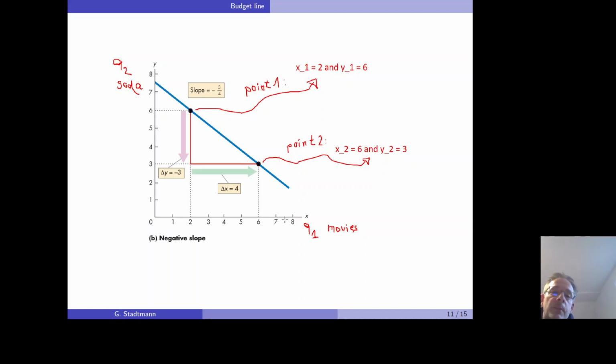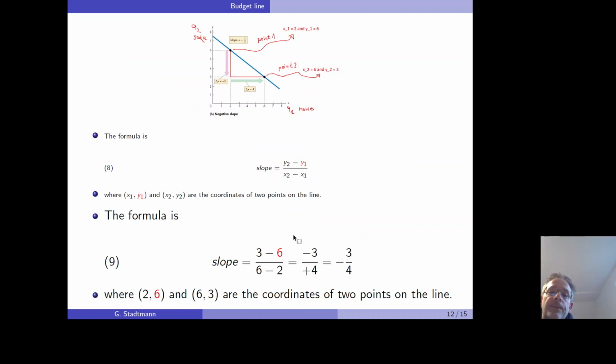Let's plug these numbers into this magic formula. The first point is x equal to 2, y equal to 6. And the second point is x equal to 6 and y equal to 3. So y2 is equal to this 3 here, and y1 is equal to the red 6. x2 is equal to the black 6, and x1 is equal to the 2 here.